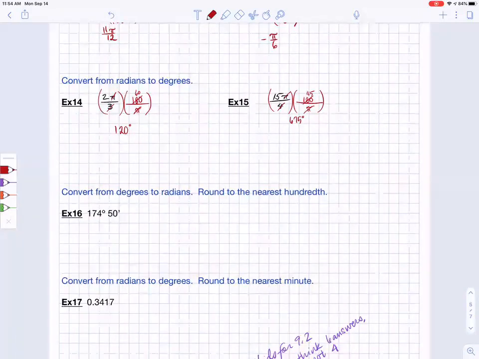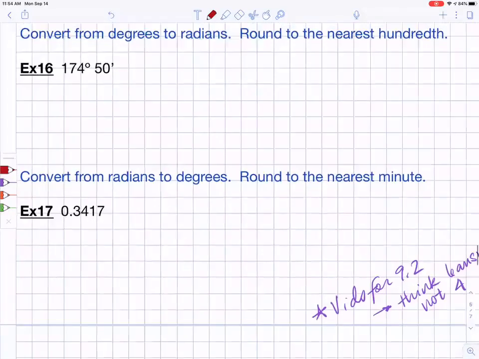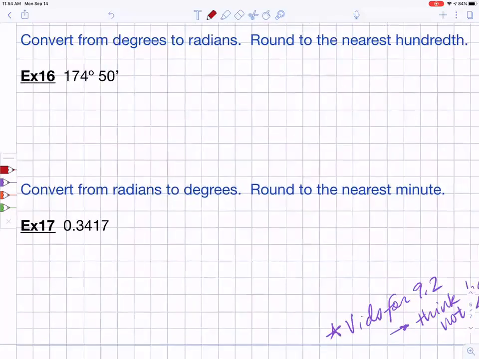Okay, so for number 16, what's the math that we're going to do? The first part of the math is identical to what we did in examples 12 and 13. What label is it that we need to go away? The degrees. So then what fraction will I be multiplying by?